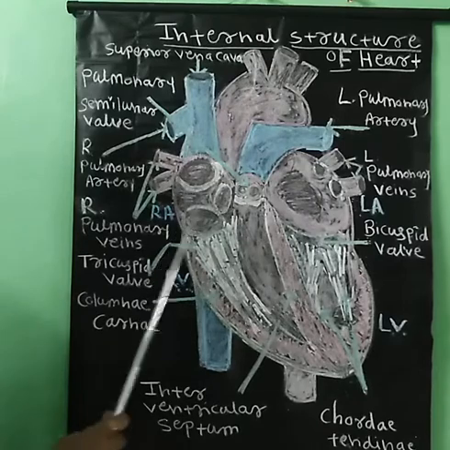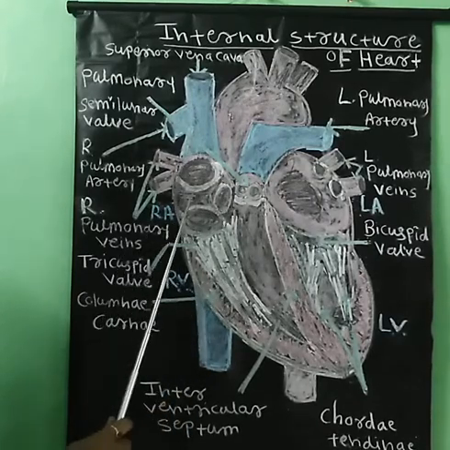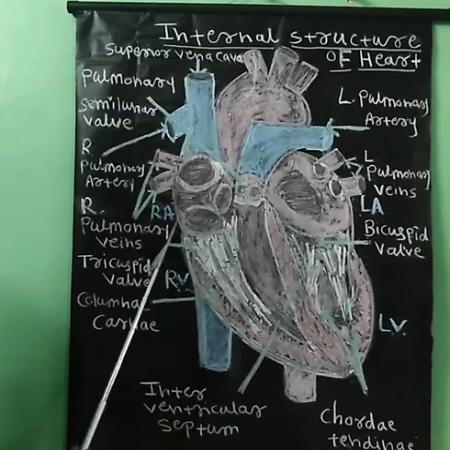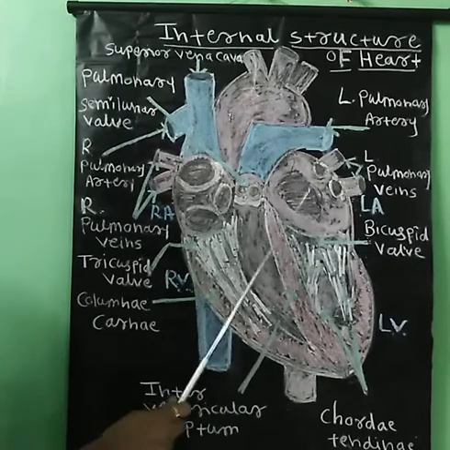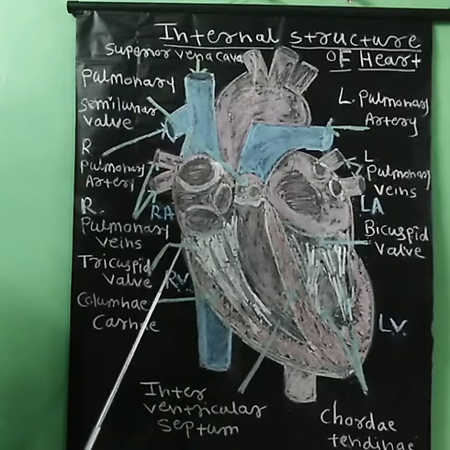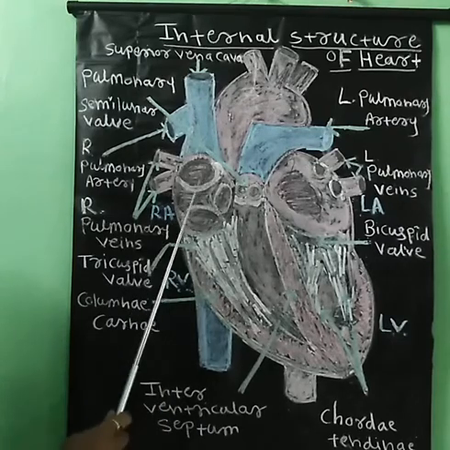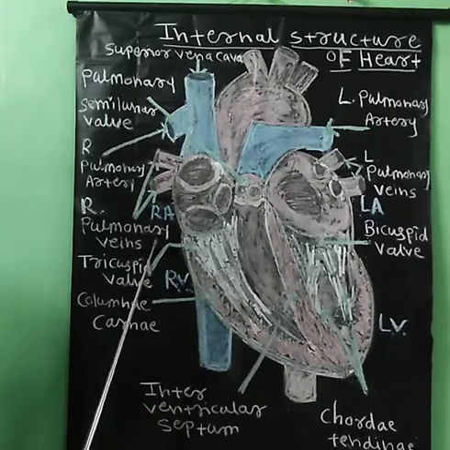At first, atria or atrium. Atrium are blood receiving chambers. They are thin-walled blood receiving chambers. Both atrium are separated by interauricular septum.